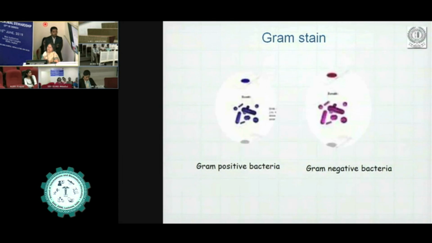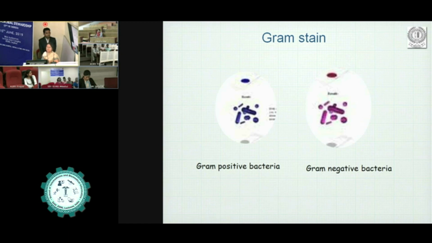Then again, depending on the gram stain, we classify the bacteria into gram-positive bacteria and gram-negative bacteria. So depending on the shape, it can be gram-positive cocci or gram-negative cocci, or it can be gram-positive bacilli or gram-negative bacilli.